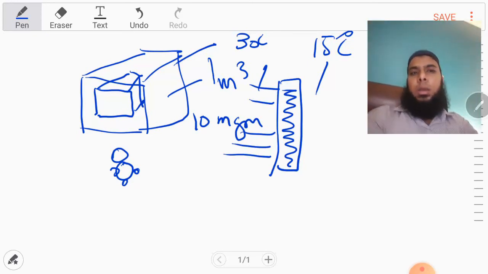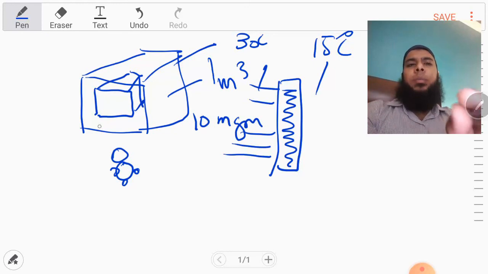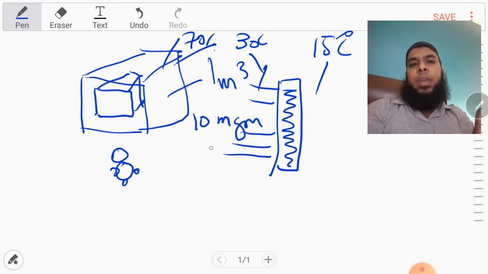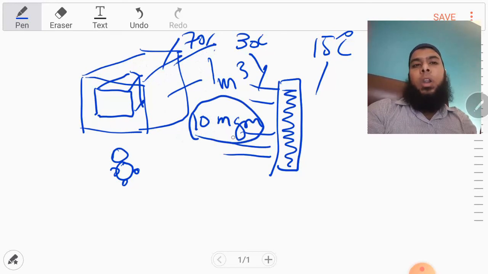So in this way, at 30 degrees centigrade, let's suppose the relative humidity of air is 70%. It means that we have 10 milligram of water, so still 30% of 10 milligram can be held by this air at 30 degrees centigrade.